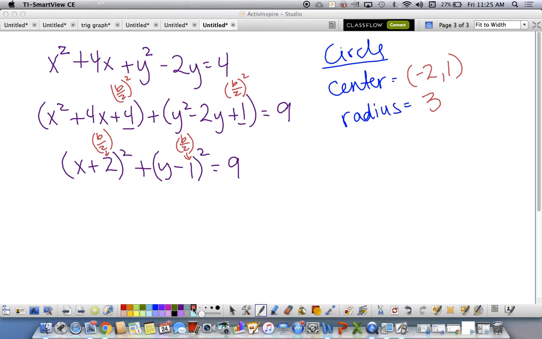Now, if we wanted to write it in terms of where we can put it in our calculator, this is going to be the easiest way to go about that. You need to rearrange. So, (y minus 1) squared equals 9 minus (x plus 2) squared.